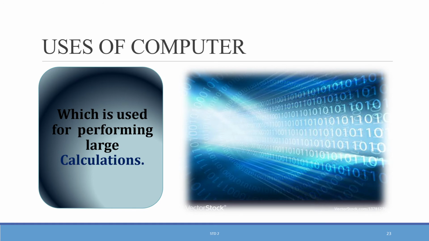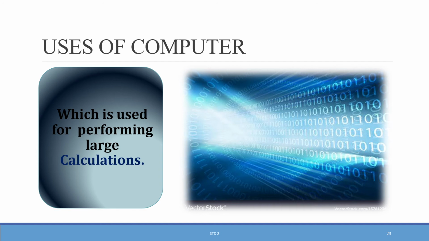See now the next one, uses of computer. The third use here is performing large calculations, that is mathematics. For example, doing sums, addition, subtraction, multiplication, division, right? All these sums are done by computer also.